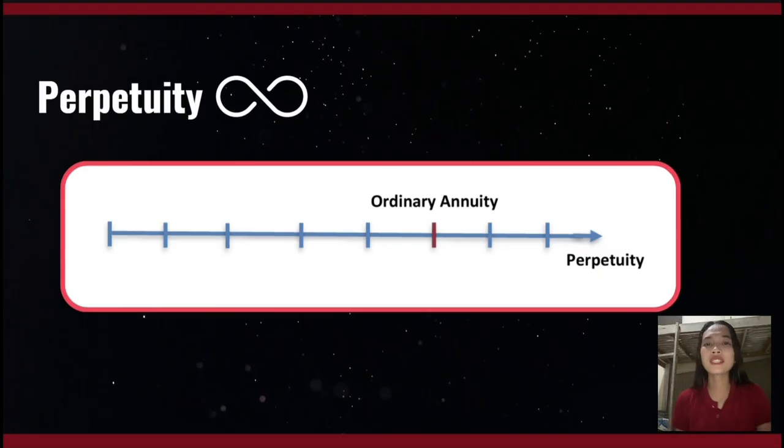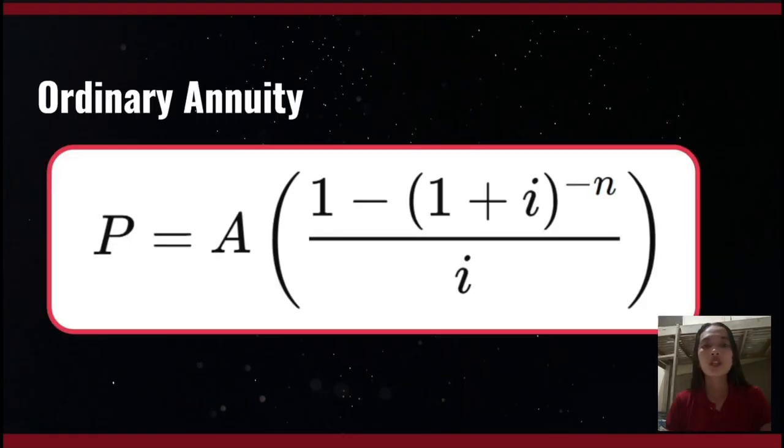Now that we've seen where perpetuity is used in real life, let's take a look at the formulas used to calculate its value and how it's compared with the formula we use for ordinary annuity. So here, this formula helps us find the present value, the P of a series of equal payments that are made at regular intervals but only for a limited number of periods.